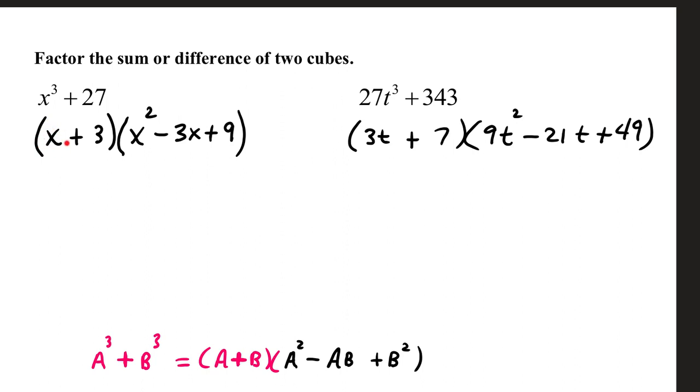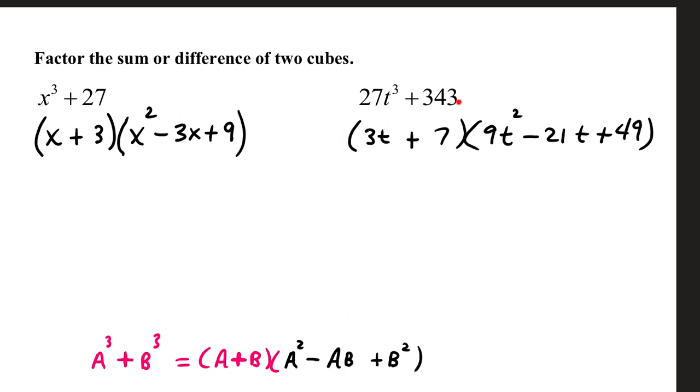Square the first term, list it first, x squared. Square your last term and list it last. Then multiply these two and change the sign. That's negative 3x.